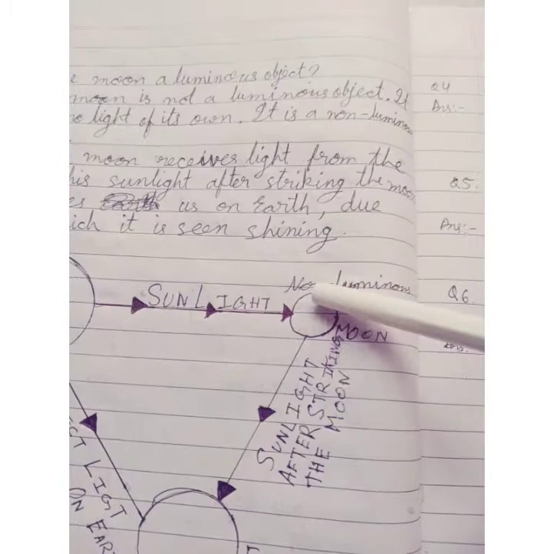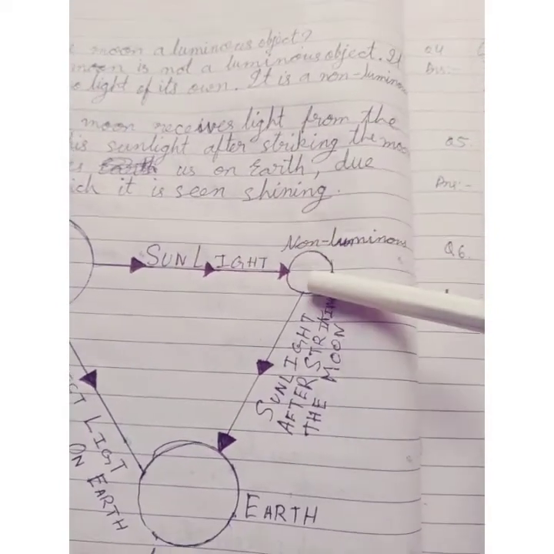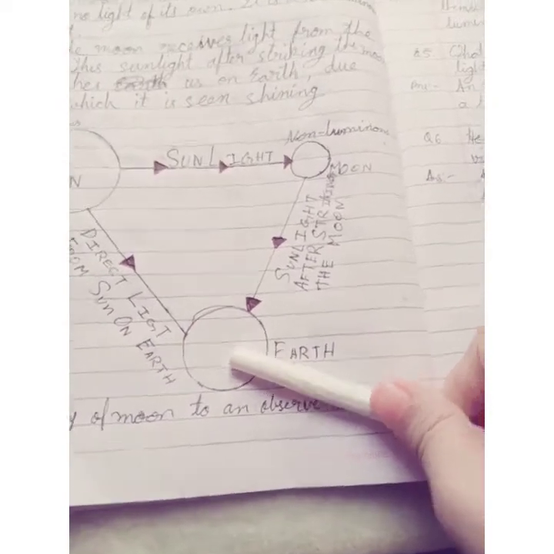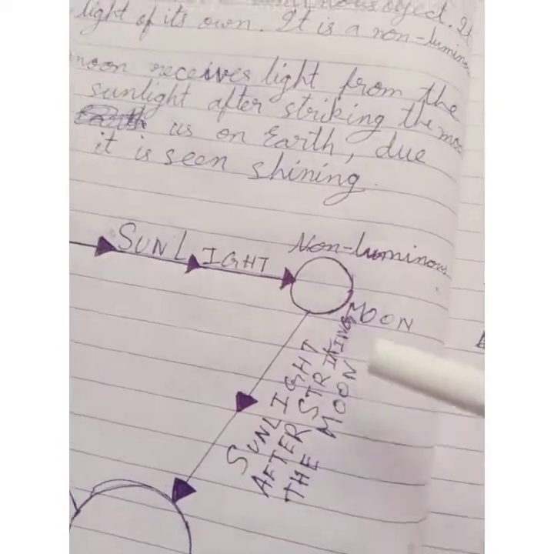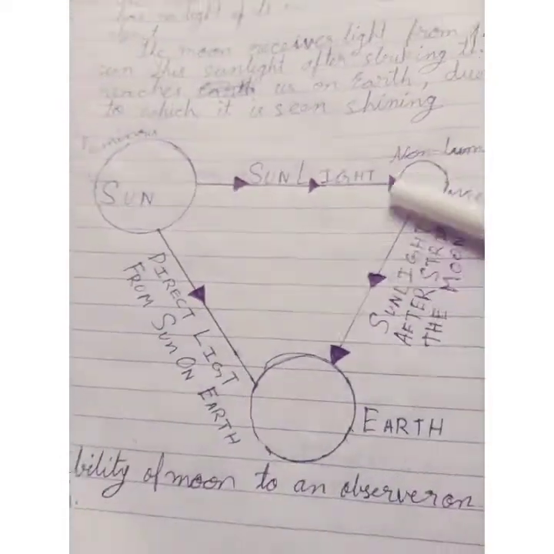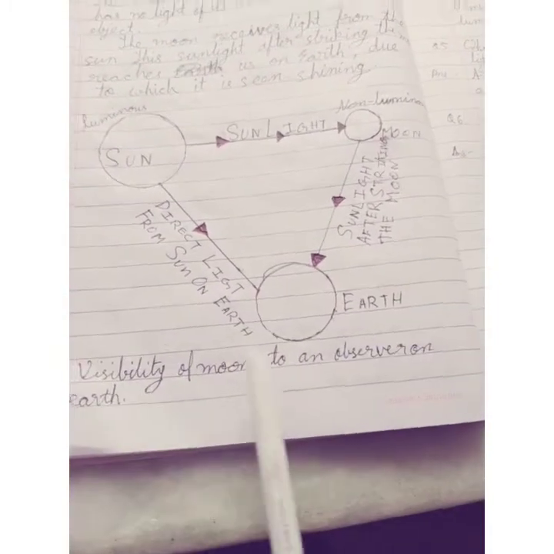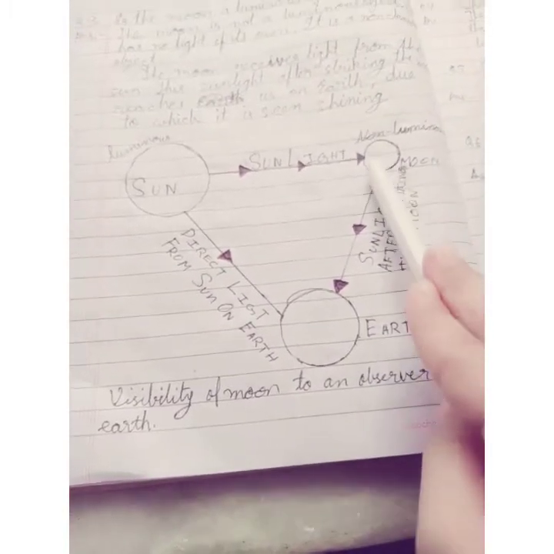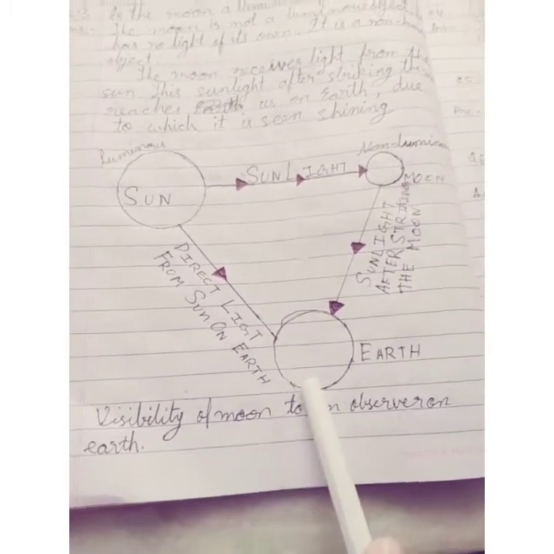The moon acts as a mirror, and the light reflects here and reaches straight toward earth. See, sunlight after striking the moon. Okay, so this is how the moon is visible to an observer on earth. We can see the moon by this only from earth.